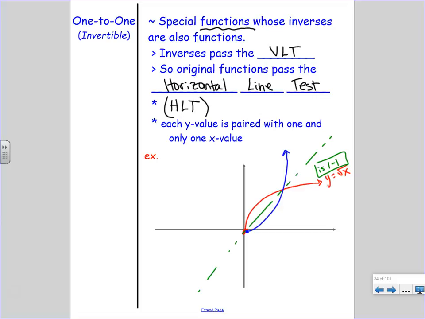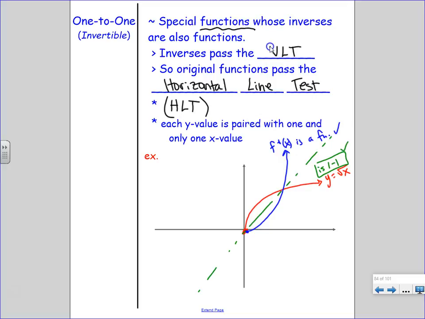Now this looks like it gets vertical. It's actually just kind of heading to the left really slowly. It passes the vertical line test. It passes the horizontal line test, which means its inverse will also be a function. Fn for function. If an original is one-to-one, that means his inverse will be a function.